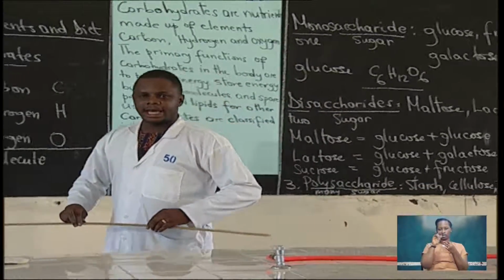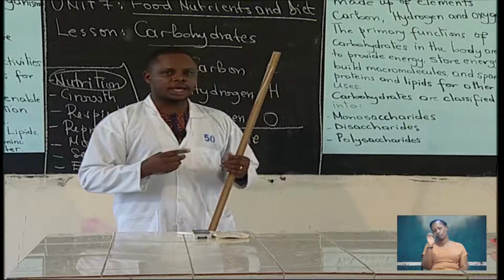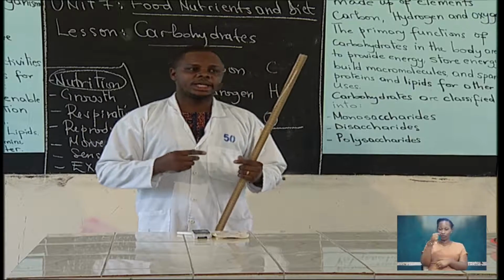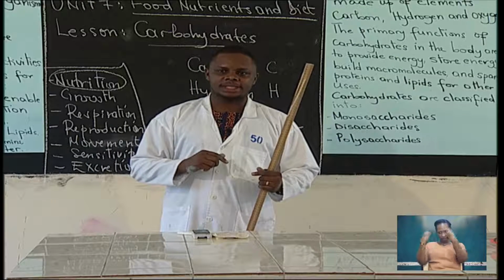Students, starch is a complex sugar which is formed from many glucose molecules. That means when many glucose molecules combine together by loss of water, they form starch. Where do we find starch?